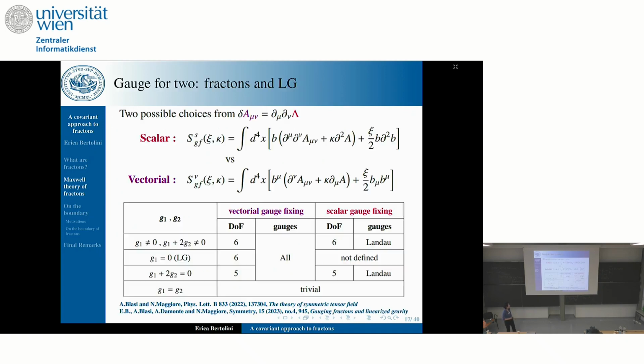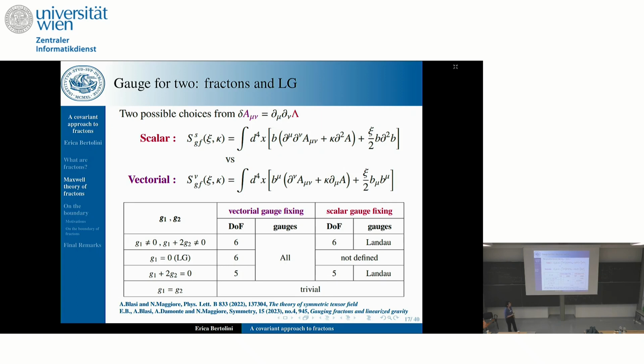A first interesting thing to analyze from a gauge field theory point of view is the degrees of freedom and the gauge fixing sector. That's also interesting because one can apply the standard Faddeev-Popov procedure.